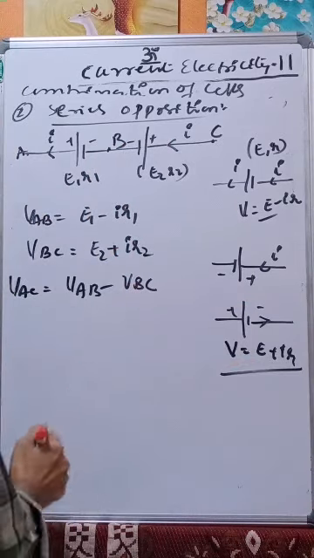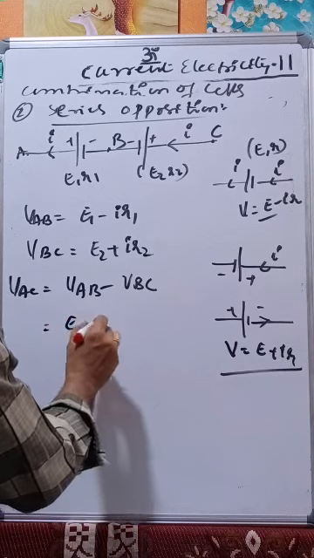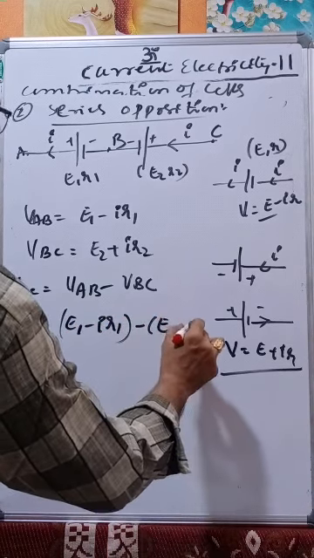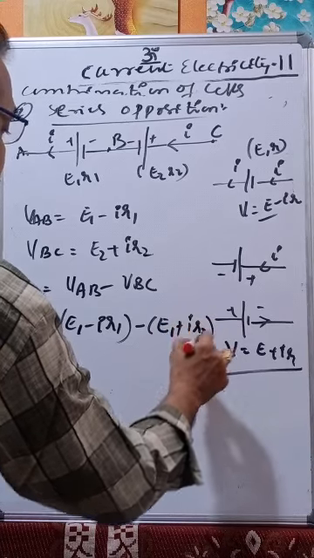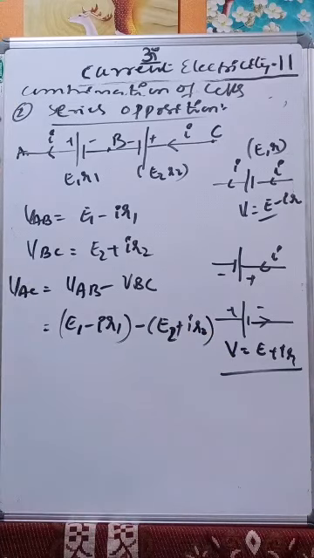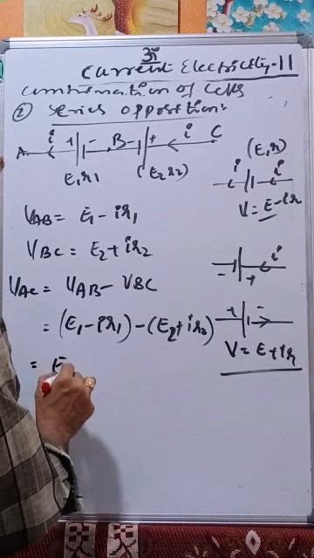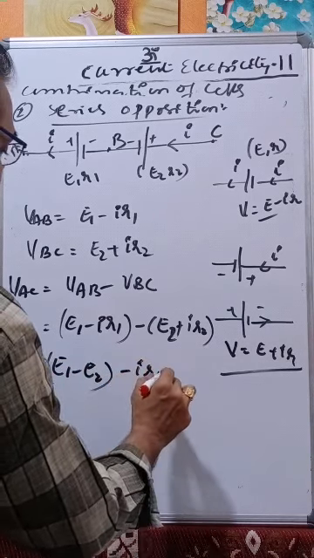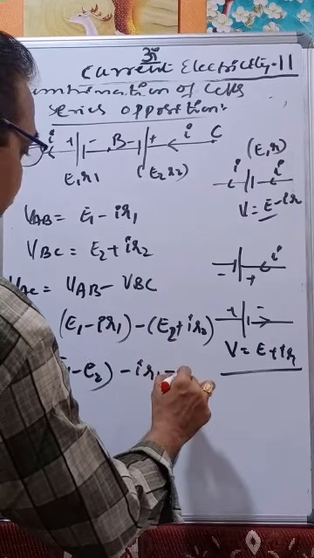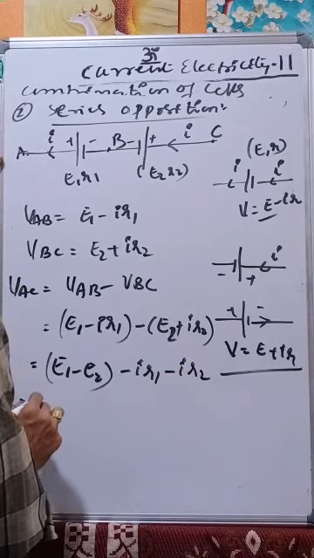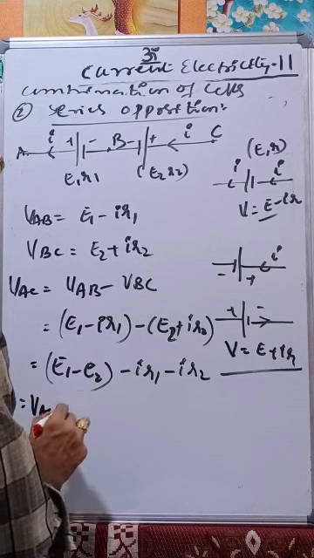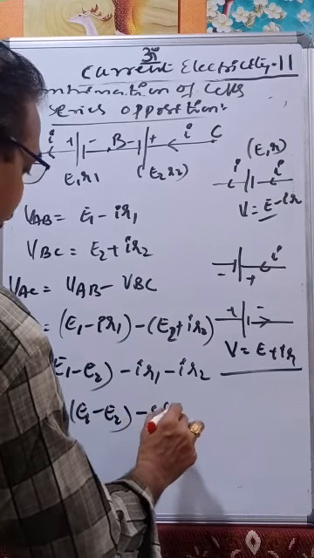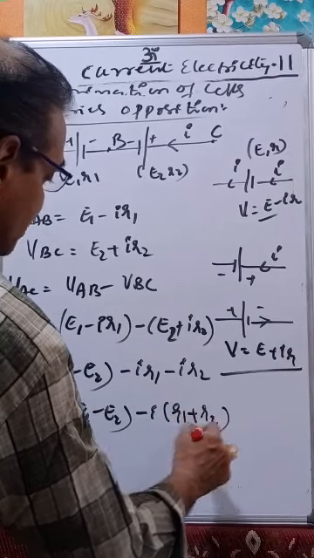Therefore, VAB minus VBC is equal to E1 minus IR1 minus of E2 plus IR2, which is equal to E1 minus E2 minus IR1 minus IR2. So VAC is equal to E1 minus E2 minus I into R1 plus R2.